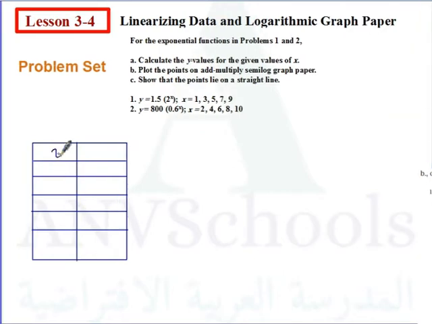This is my x and this is my y, and my x is 1, 3, 5, 7, 9.